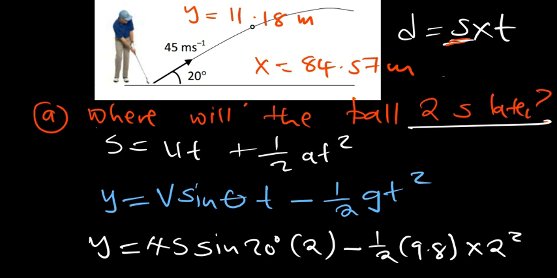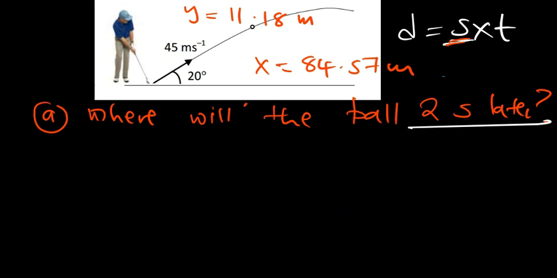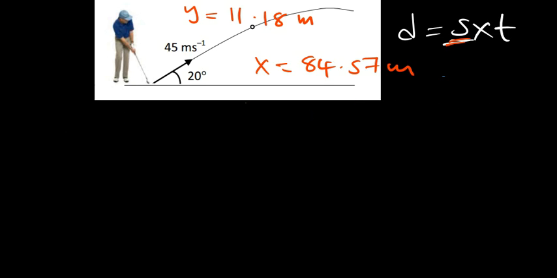Okay, so I've already demonstrated to say the x and the y are independent of each other. And so as a good student, you want to present a position even as a coordinate 84.57, 11.18 in the y. Okay, so I've shown you how we've determined them independent of the other.